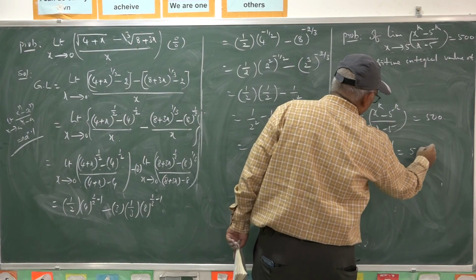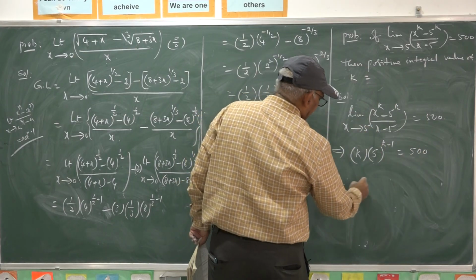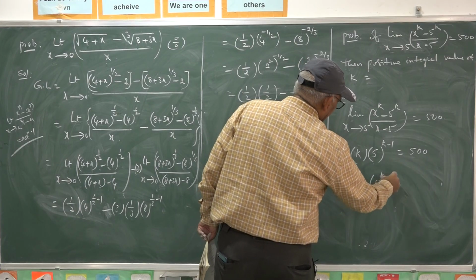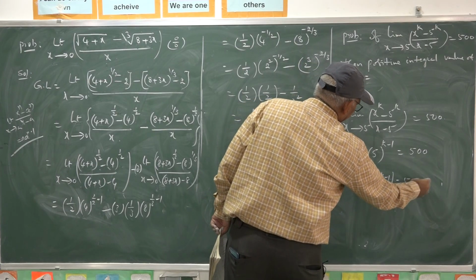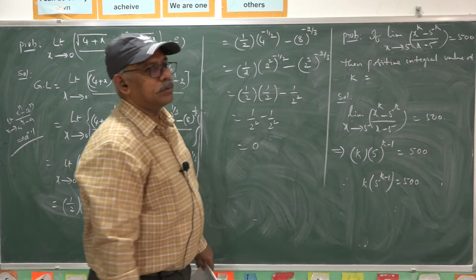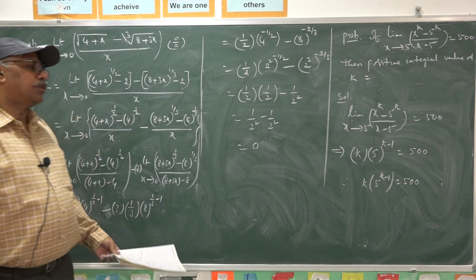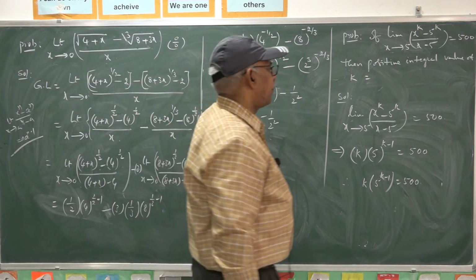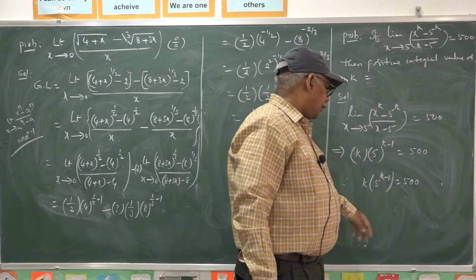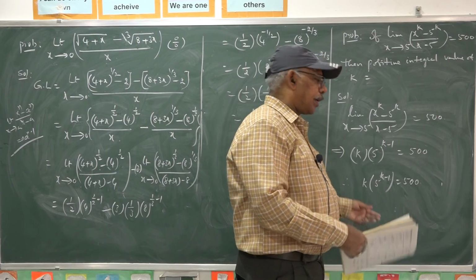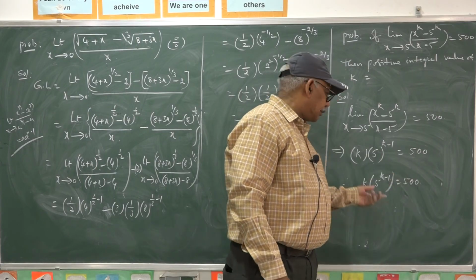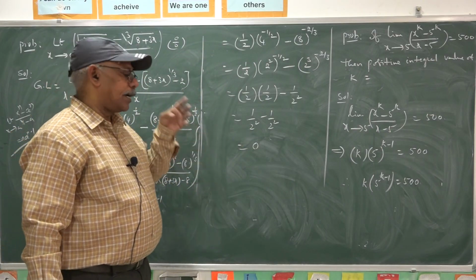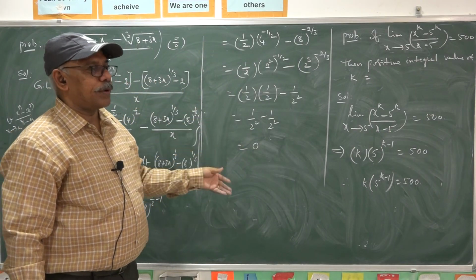Here it is 500. So that k into 5^(k minus 1) takes the value 500. Now you have to check for what positive integer value of k we get 500. Check by taking k equal to 1, 2, 3 like that.